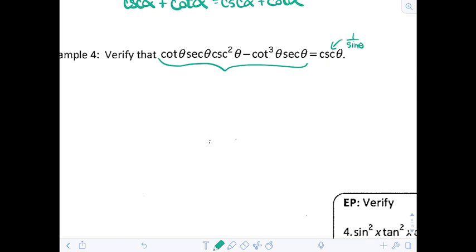There are a lot of reciprocal functions here, cotangent, secant, cosecant, so I actually split them up. I just want to end up with 1 over sine theta or cosecant. So I'm going to split this up. Cotangent is really cosine of theta over sine theta. Secant is 1 over cosine theta.